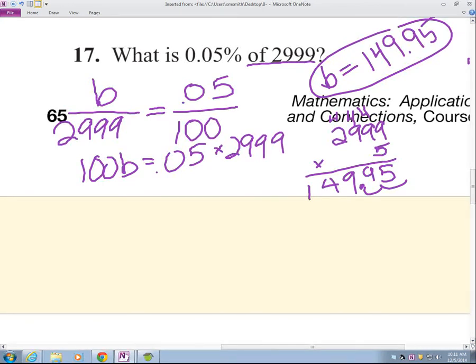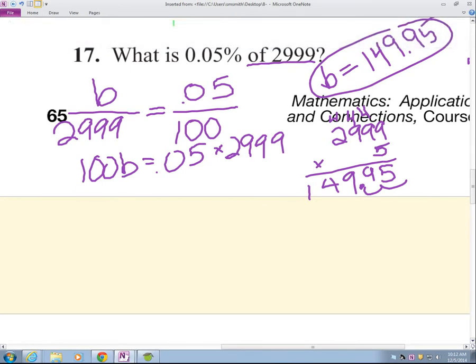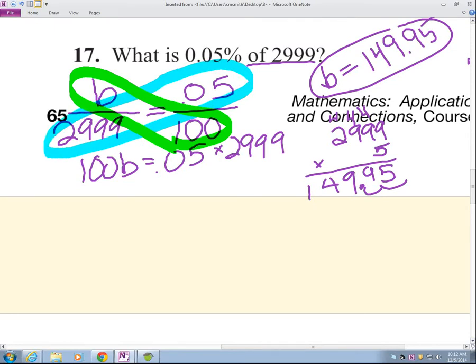The number on the bottom, like the number or the letters, and then the one on top. That's exactly what we're doing, because it's the cross products. I'm multiplying these 2 together. I'm multiplying these 2 together. And then I'm dividing by the one that's circled in the green.